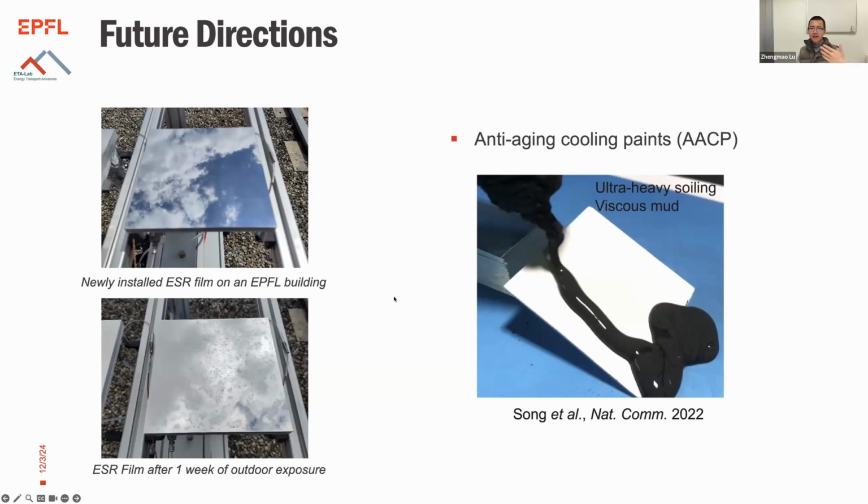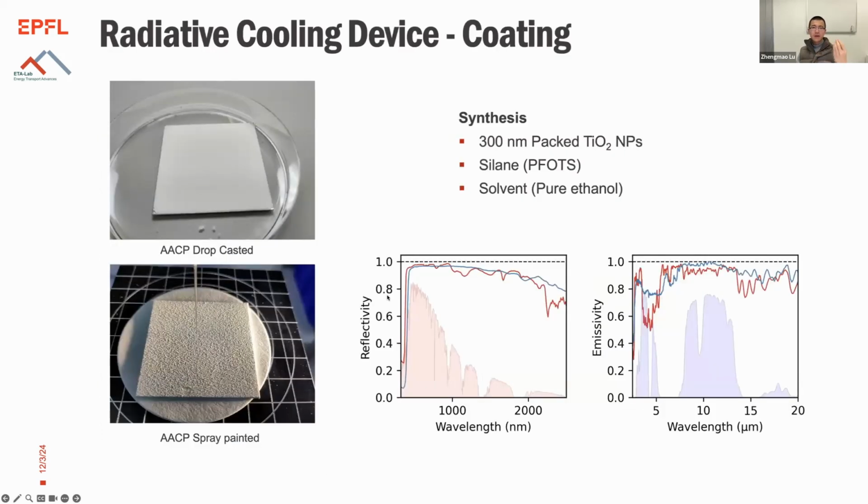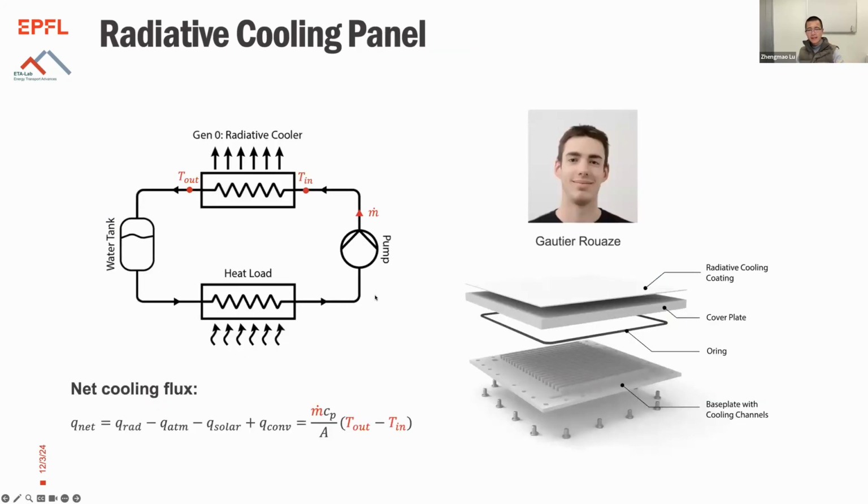So we have been trying to develop or follow some of the recipes for anti-aging cooling paints. We had some initial success creating super hydrophobic radiative coolings with good optical properties, and we're in the process of testing this. Due to the limited time, I'll speak very briefly about this part.